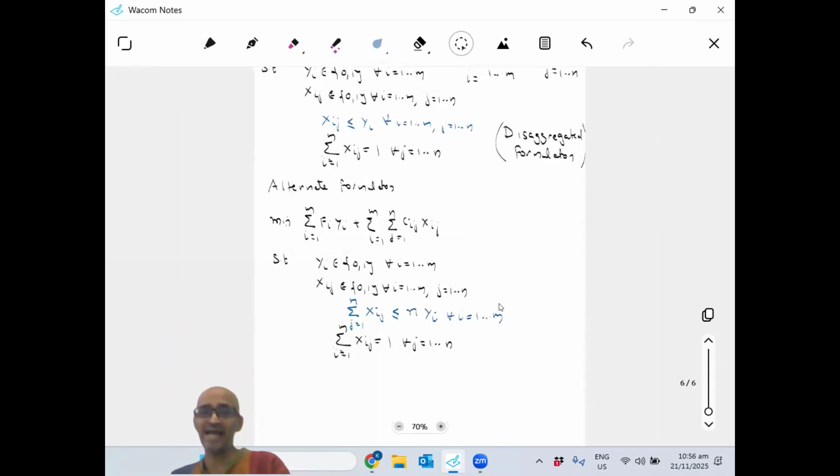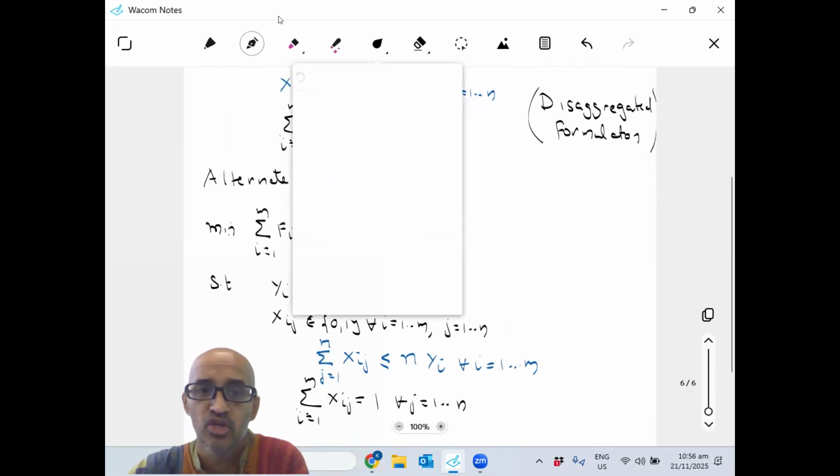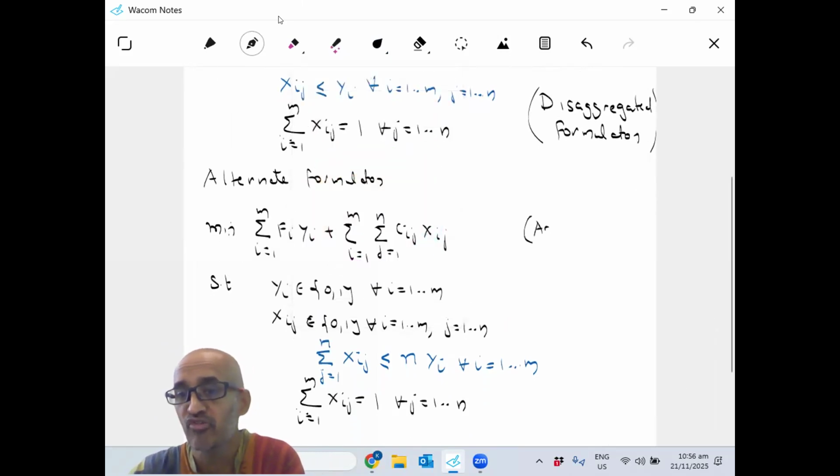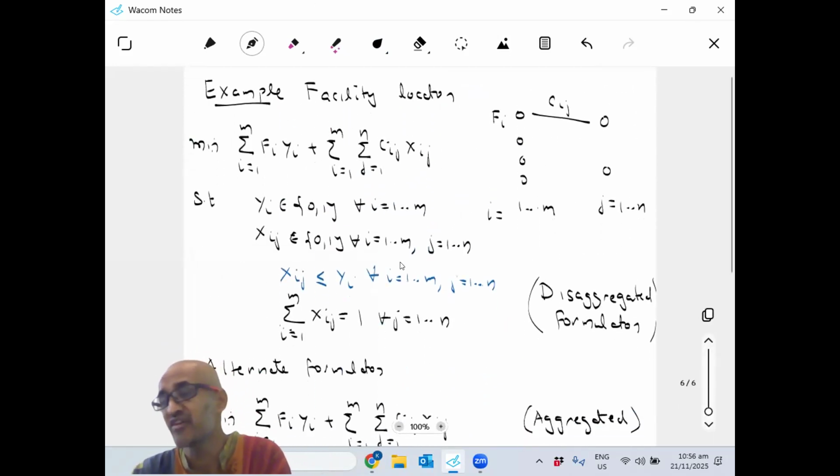Okay. I claim that this formulation, which is called the aggregated formulation, is also a valid formulation for facility location. Why? What do you want in facility location? You want to ensure that if you're serving a client, the facility has to be opened, right? How many clients can a facility serve? It can serve up to n clients.